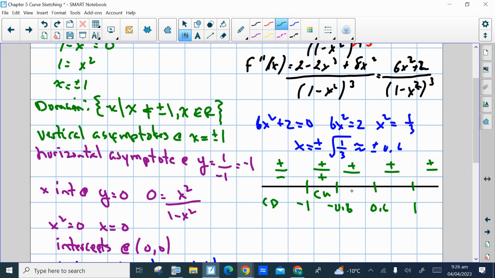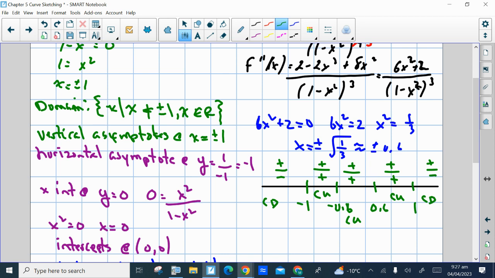Same thing between -0.6 and 0.6. A number like 0, it's still going to be positive. So the graph is concave up there as well. Between 0.6 and 1, a number like 0.7, well, that'll be positive. So the graph is concave up there. But after 1, the denominator will be negative. So the graph is concave down.